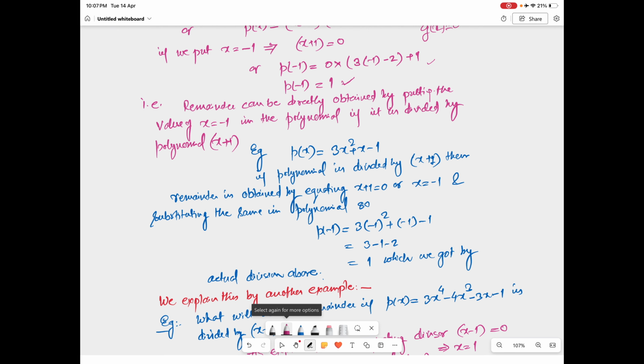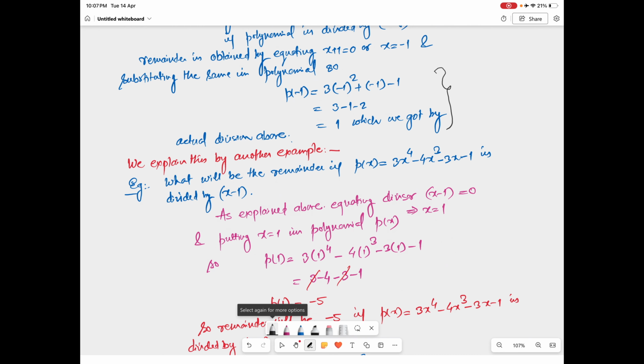So we got the remainder. This is very interesting, which is explained with the remainder theorem, because this part has become 0. So we can directly obtain the remainder by putting the value of x as minus 1, and the remainder is coming out as 1.